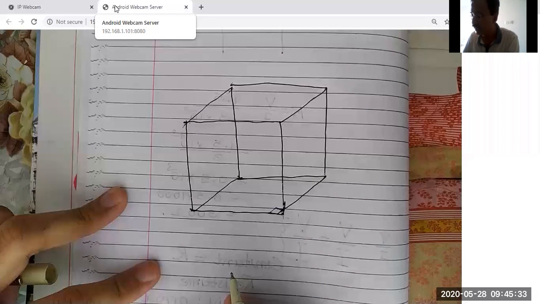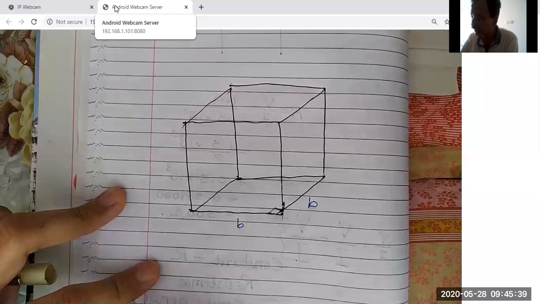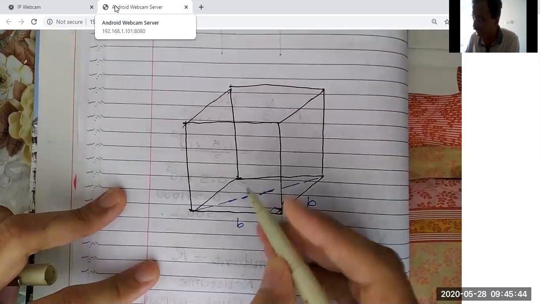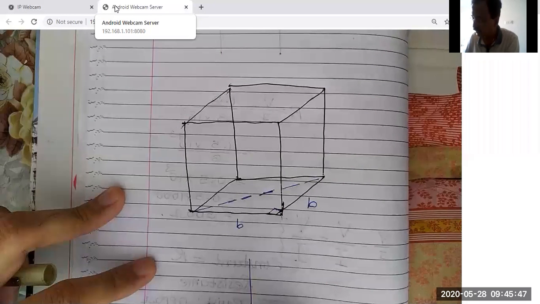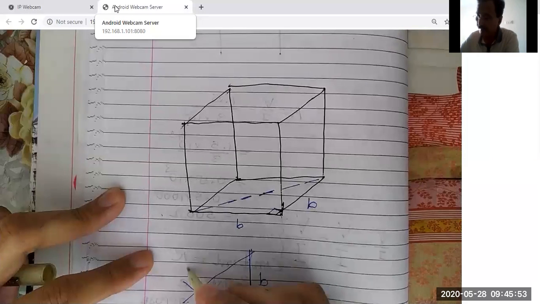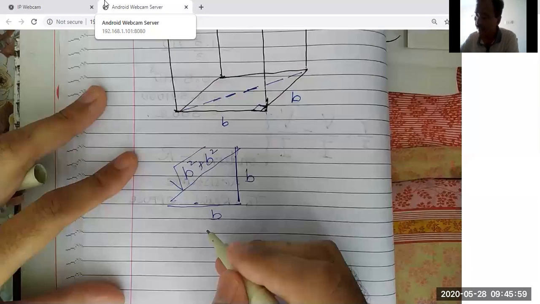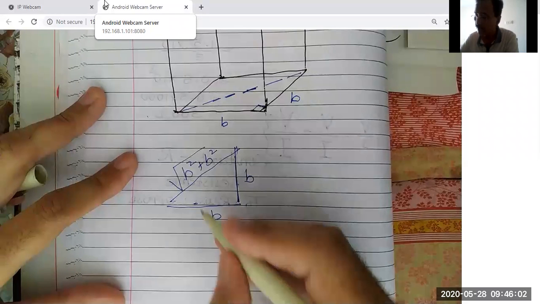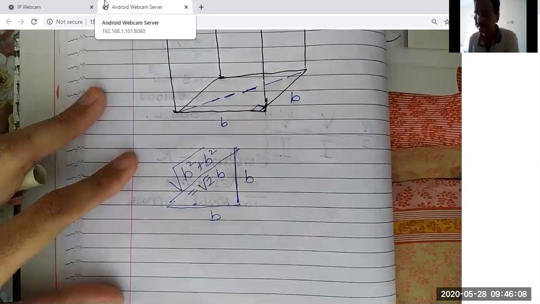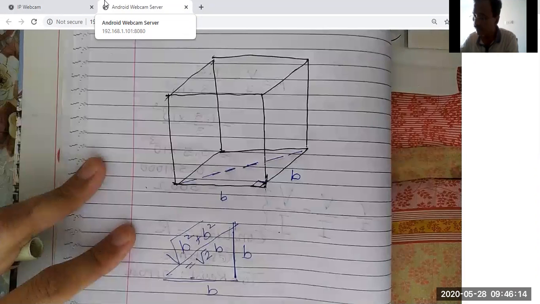This distance is B, this is also B. So this is the hypotenuse of that. B and B, so the hypotenuse is going to be root of B square plus B square, and that equals root 2B. Do you follow that? So this is root 2B.